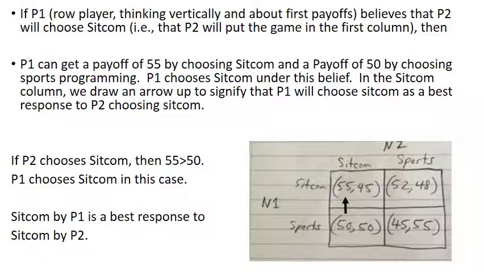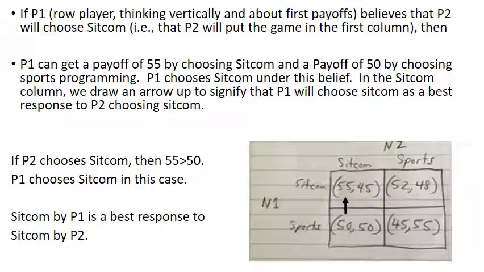So let us begin our best response analysis or Nash equilibrium analysis for the Battle of the Networks game. And let's begin by considering what player 1 will do given possible beliefs on player 2's actions. Well, if player 1, so let's think of the row player who's thinking vertically and about first payoffs, believes that player 2 will choose sitcom, that is, that player 2 will put the game in the first column, then there are two possible outcomes for player 1.